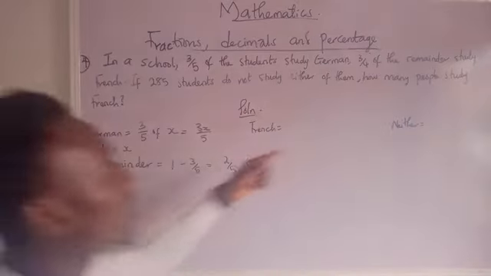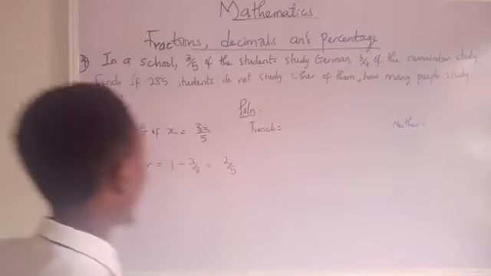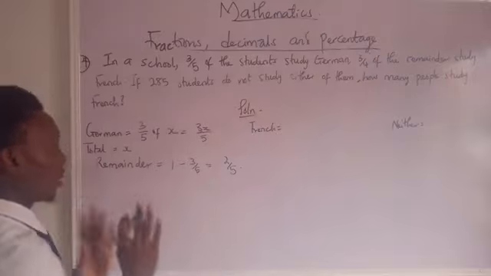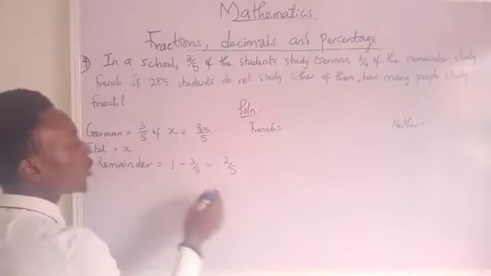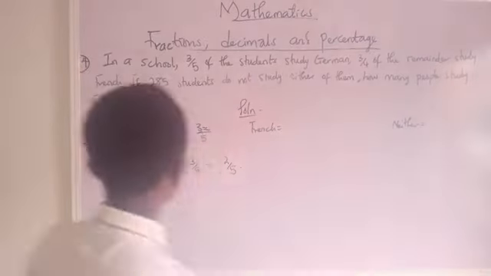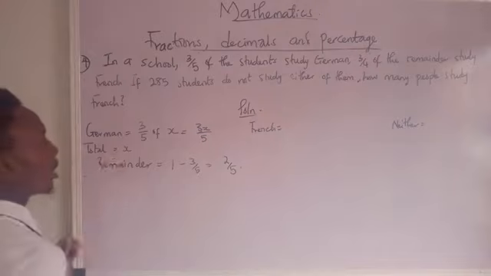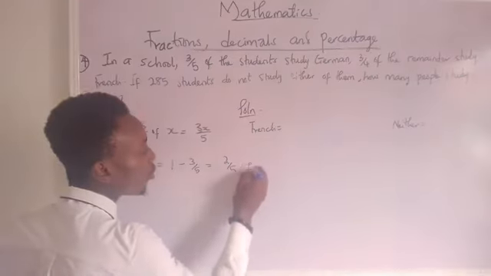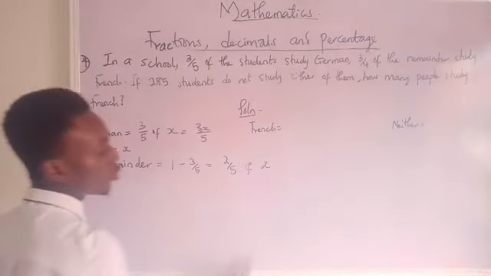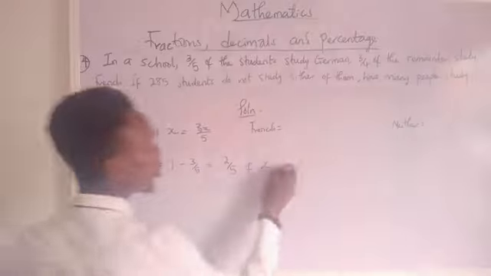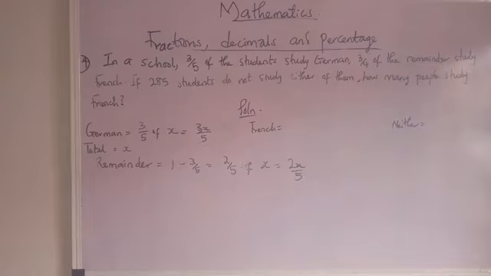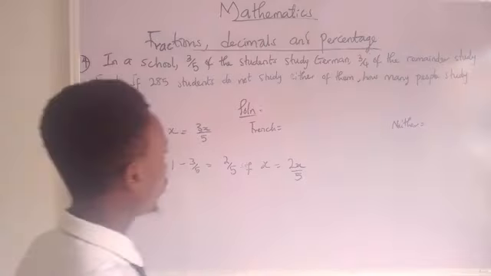Now, 3/4 of the remainder is those studying French. Because we don't have the total value for students, the remainder is 2/5 of the total number of students, which is 2x/5. Make sure you are following me now.